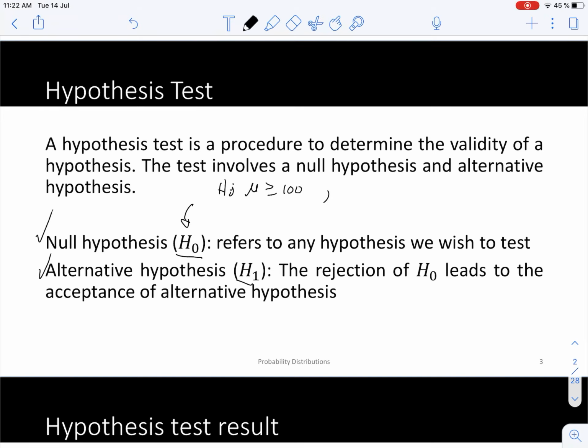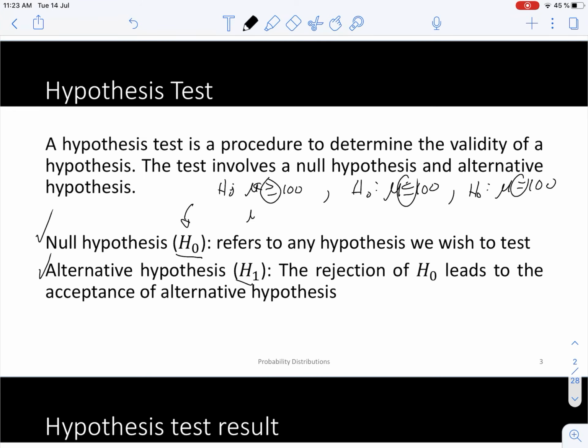Another example will be H0: mu less or equal than 100, or in a different problem we might have mu equal to 100. So please notice that the equal sign is always included in the null hypothesis.